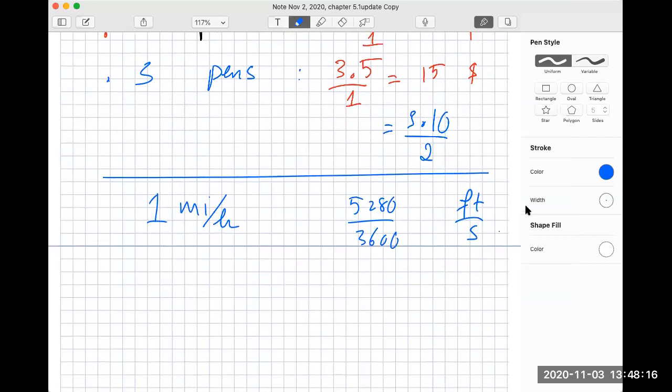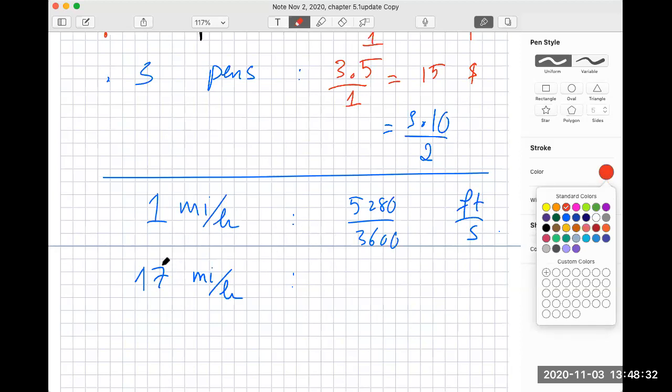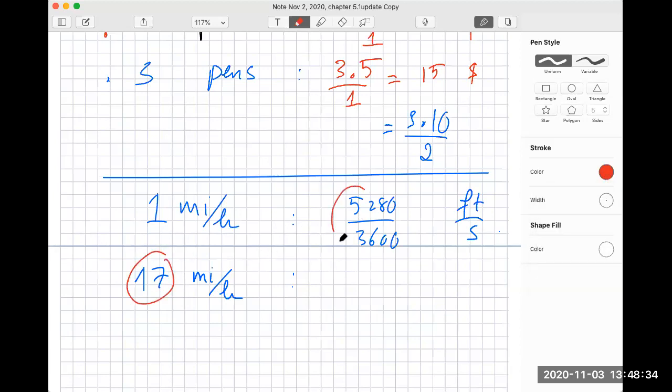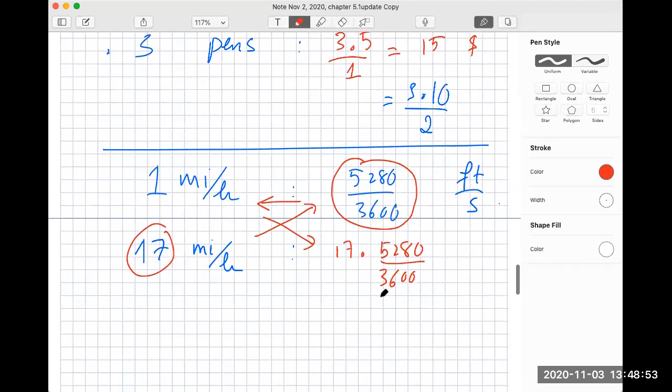The question is, how fast is it when we are given that the velocity is 17 miles per hour? The same logic. This one multiplied with this number, divided by this number, and this gives us the result. It would be 17 multiplied by 5280, divided by 3600, and then divided by 1.